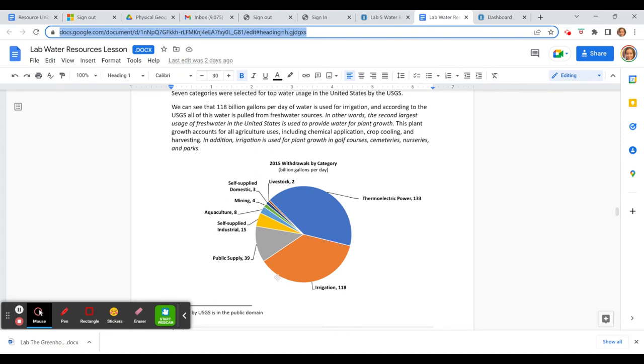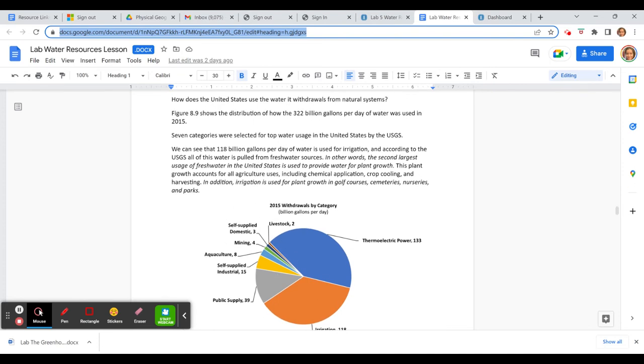In this figure below, we notice that figure 8.9 shows the distribution of how this water was used. We have 7 categories that were selected for the top usage. So if we scroll down, we're going to notice that the second largest use of fresh water in the United States was used for plant growth. This is for our food.